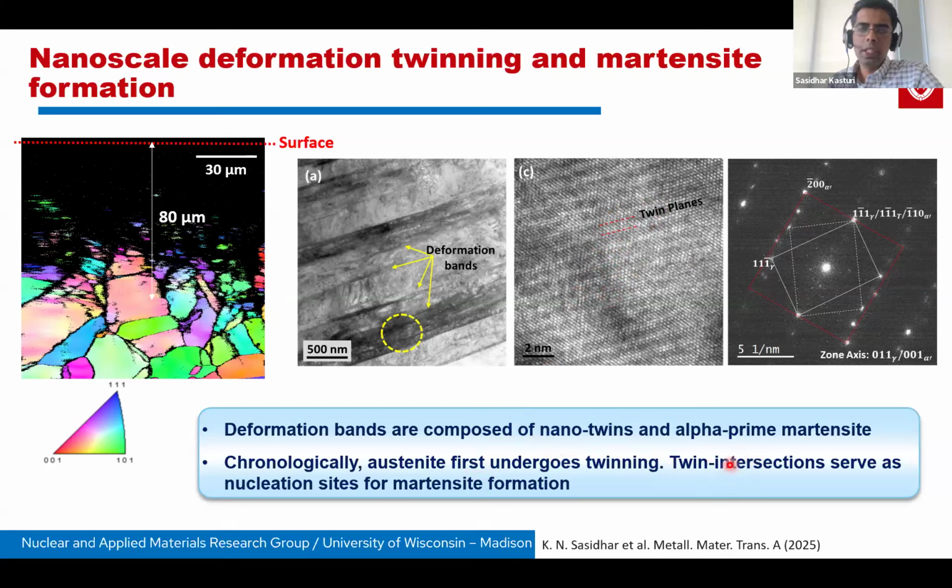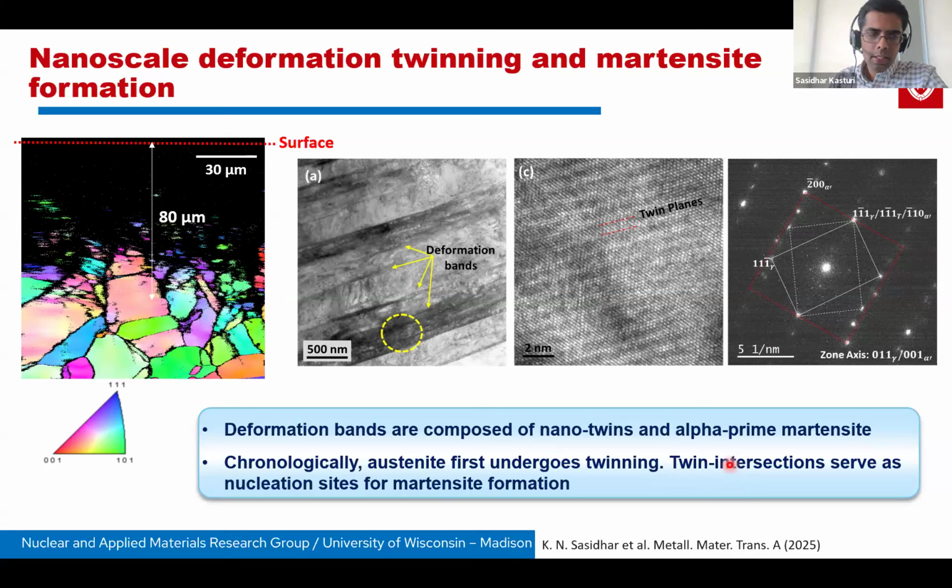And the literature also supports this idea that for these high strain rate deformation processes, the strain-induced martensite formation mechanism goes through deformation twinning. So you first form twins, and the sites of twin intersections are nucleation sites for the subsequent martensite transformation.